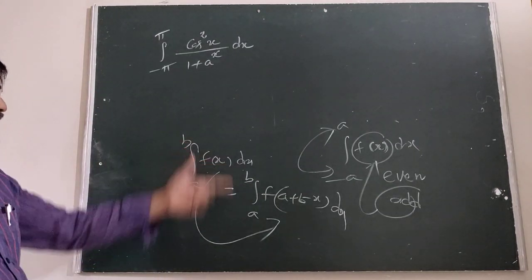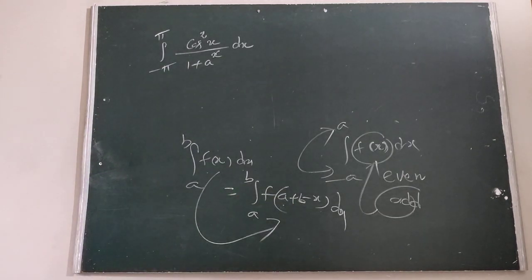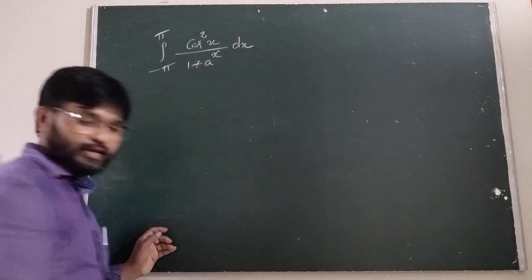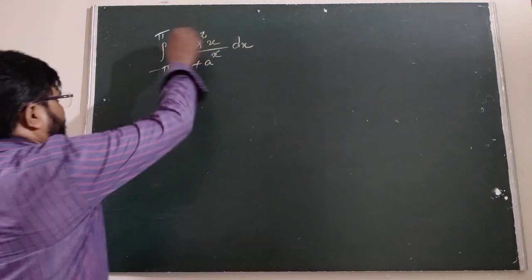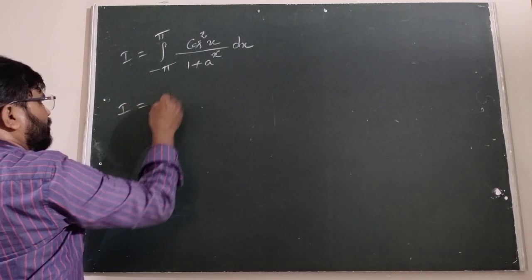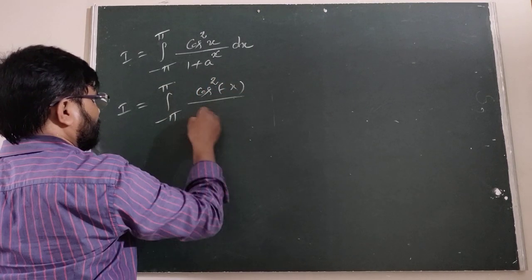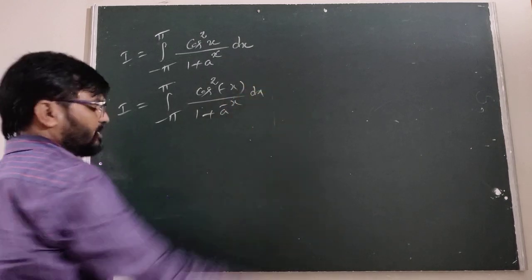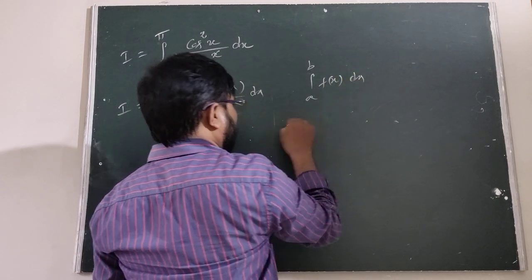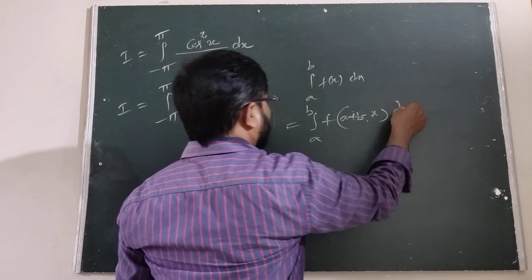So the integral a to b f of x dx is the integral a to b f of a plus b minus x. Therefore, a plus b, that is 0, minus x, we can substitute, applying the property. Taking this as I, it will be the integral from minus pi to pi cos square of minus x over 1 plus a power minus x dx. Since the property is the integral a to b f of x dx is the integral a to b f of a plus b minus x dx.